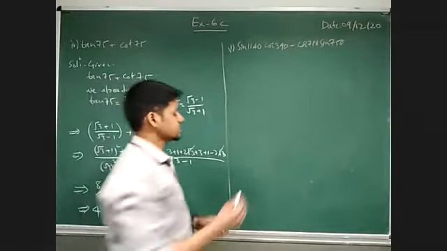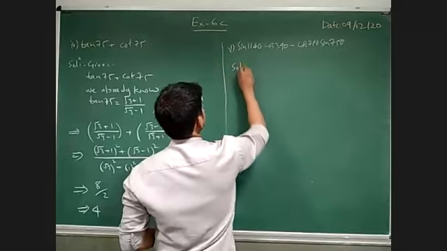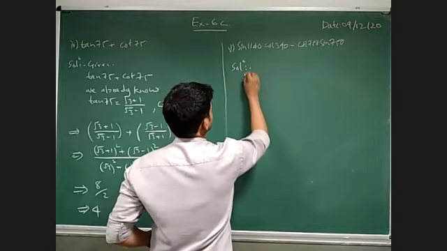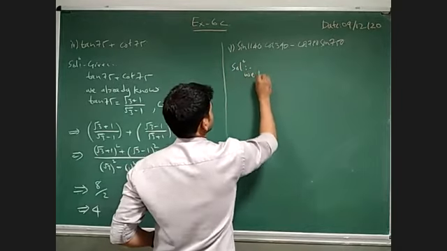Because just see here, solution: we know sine(A minus B) is nothing but sine A cos B minus cos A sine B. This is the formula.